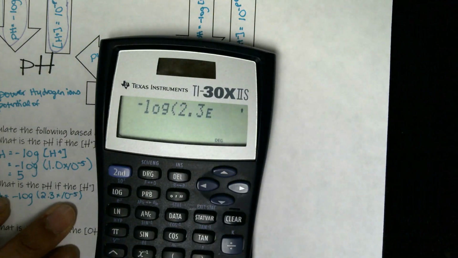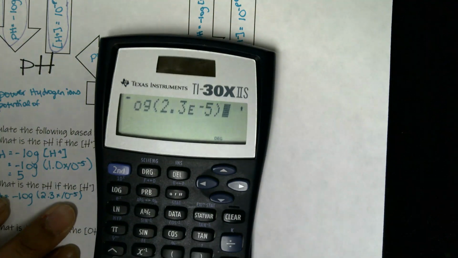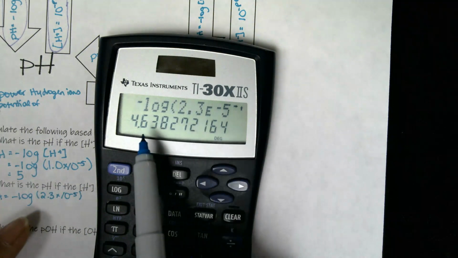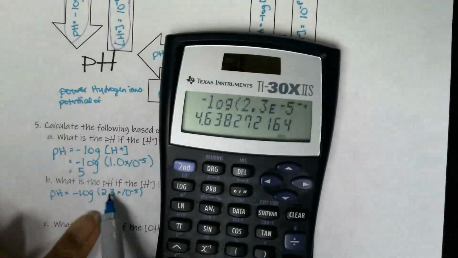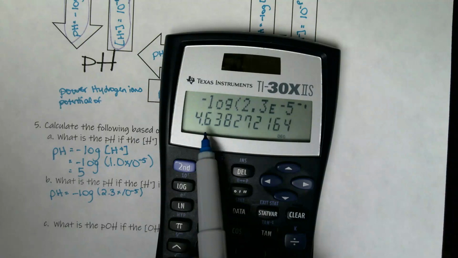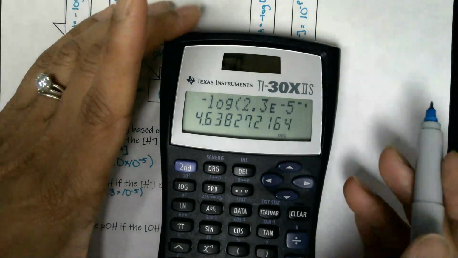So this is 2.3, going to use the EE button, negative 5. And that's 4.638, etc. Usually what we do is we take the base number here, and that's how many digits after the decimal point that we use for sig figs.